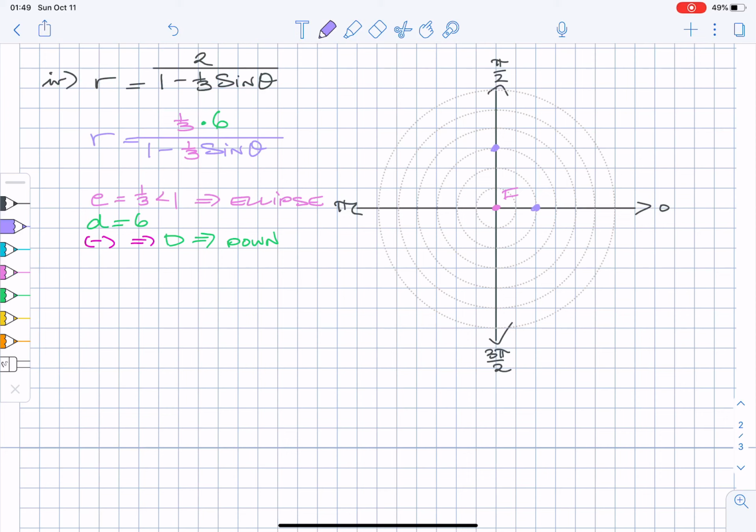Now if I go to pi, once again, sine is 0, so my radius is 2. If I go to 3 pi over 2, sine is -1. So I get 4/3 in the denominator times 2, so that's going to be 3/2. So I claim that my radius is 1.5.